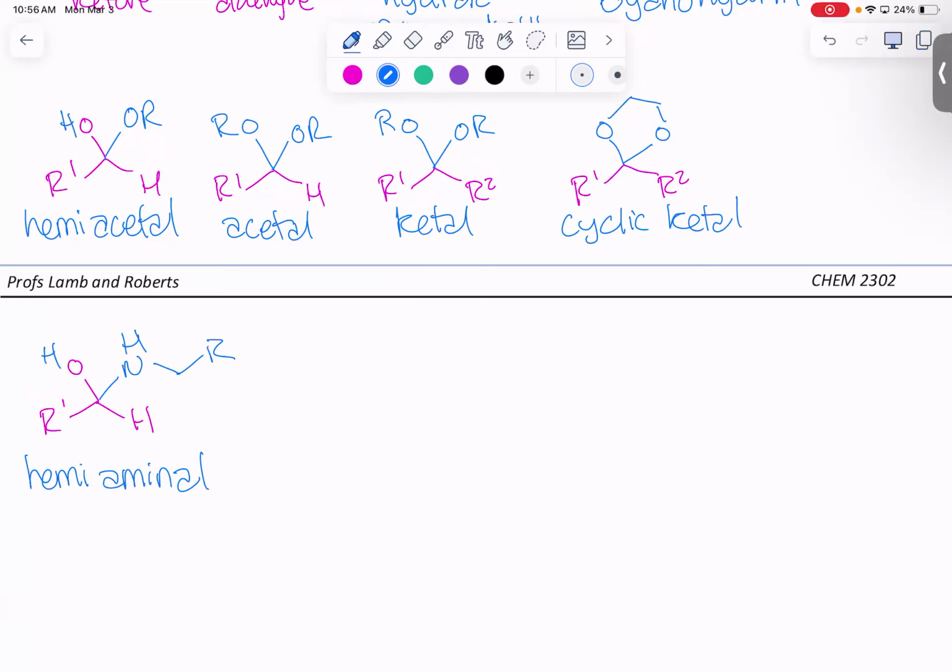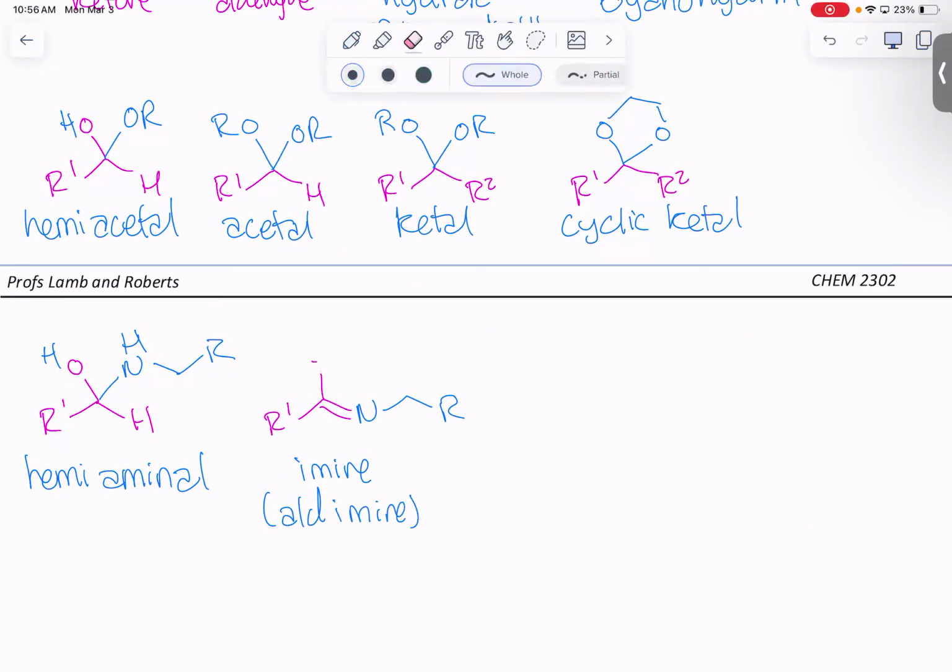All right. So if we want to take this a step further, we don't actually get an aminal version of our ketal. We get something else. We end up getting an imine. So an imine, not an amine. An imine has a double bond to our nitrogen. We could specifically call this an aldimine for it being derived from an aldehyde, but sometimes for no reason at all, chemists just didn't pick things up.